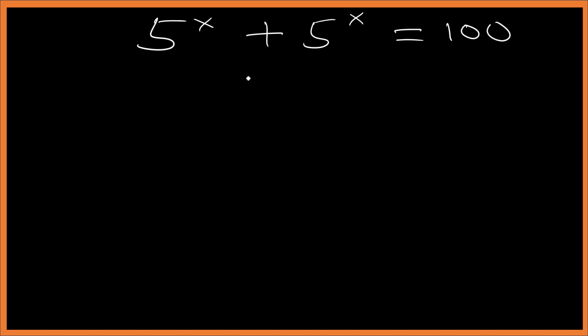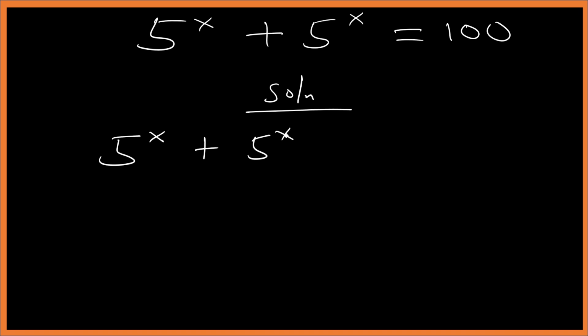Alright, so let's solve for x from here. Solution. So we have 5 raised to x plus 5 raised to x equals 100. Now, from here, we can let a variable be 5 raised to x. So let t be 5 raised to x.